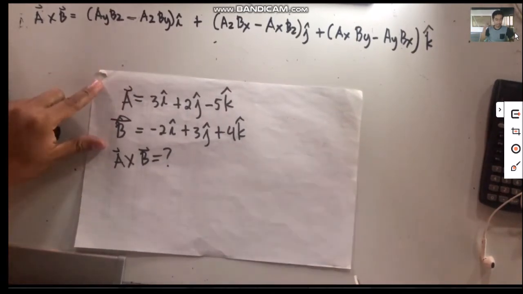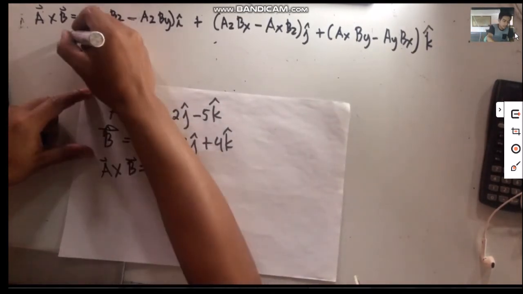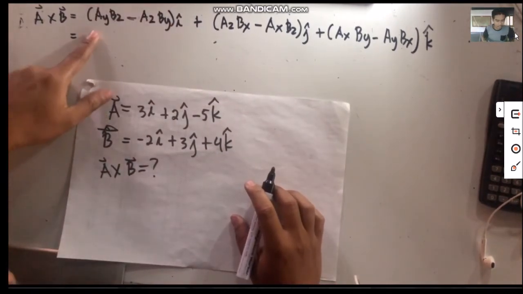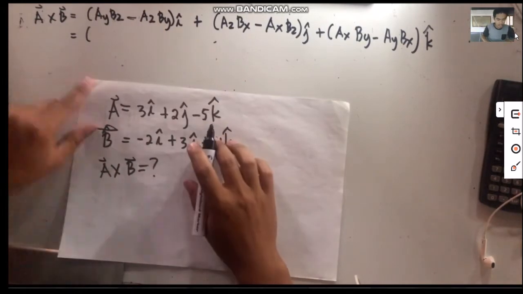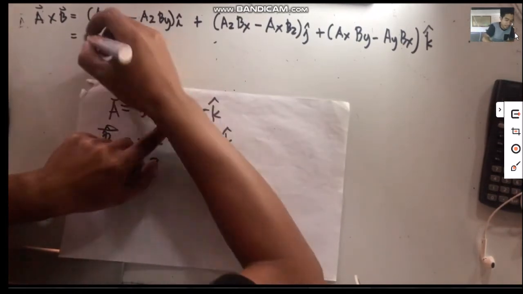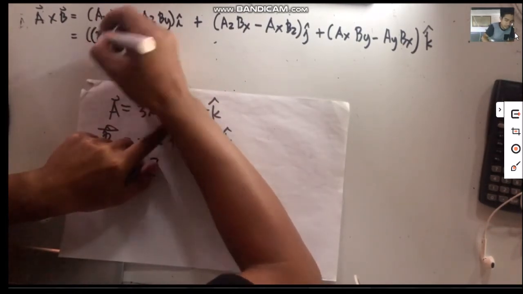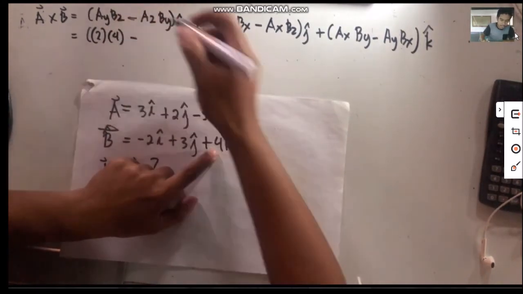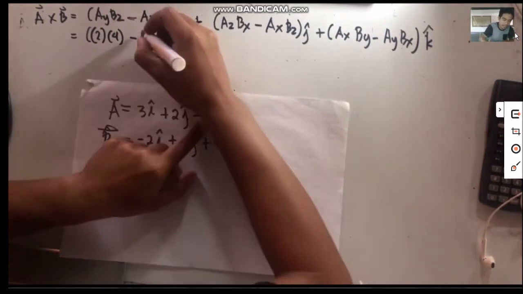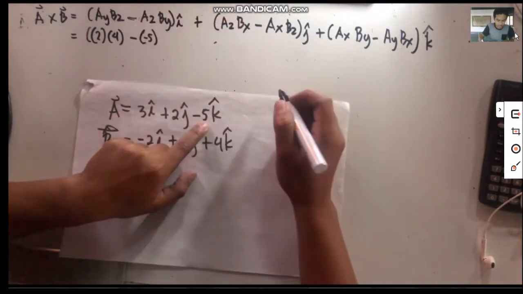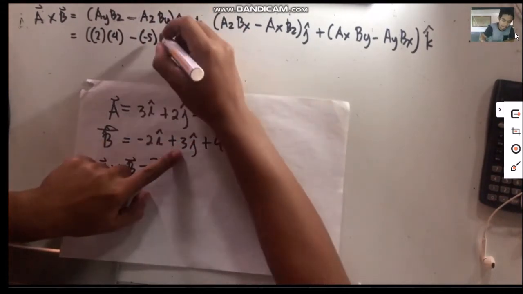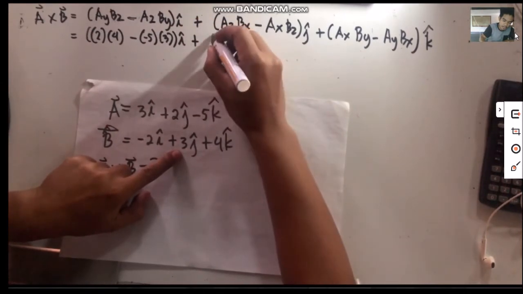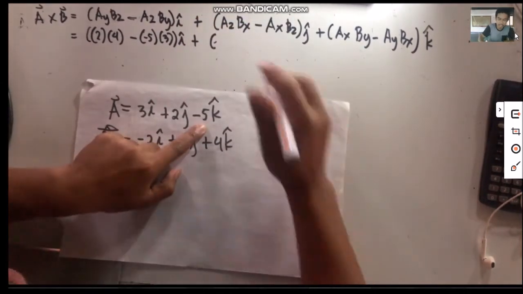So next, let us substitute. What is ay? Ay is 2. Bz is 4. Minus az is negative 5. By is 3. Then i hat, plus az is negative 5.